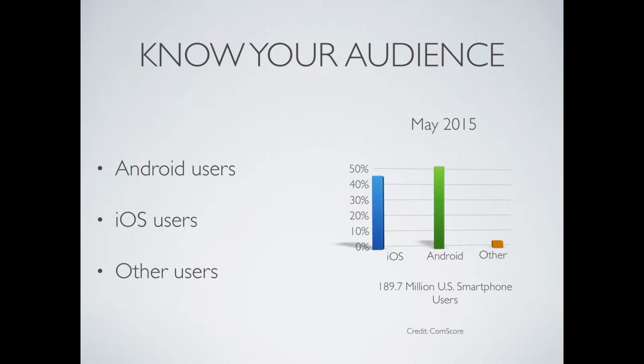Then, as of May 2015, we see the huge jump in smartphone users in the US in just that 4-year span. Users more than doubled in that time, coming in around about 190 million people. And again, we can see that Android and iOS make up the overwhelming majority of the operating systems. So we'll just focus our attention on those two operating systems for now.